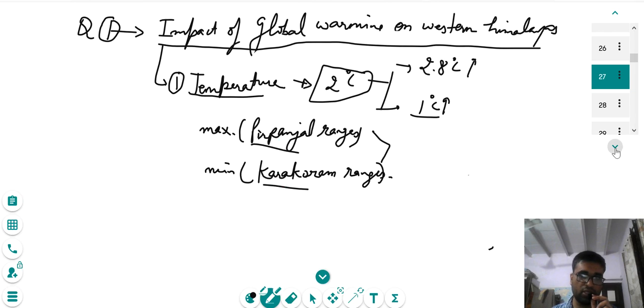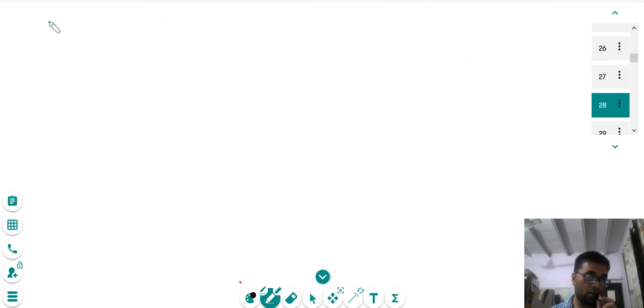The second aspect of global warming is the snowfall. If you see the snowfall days, the average snowfall has decreased.